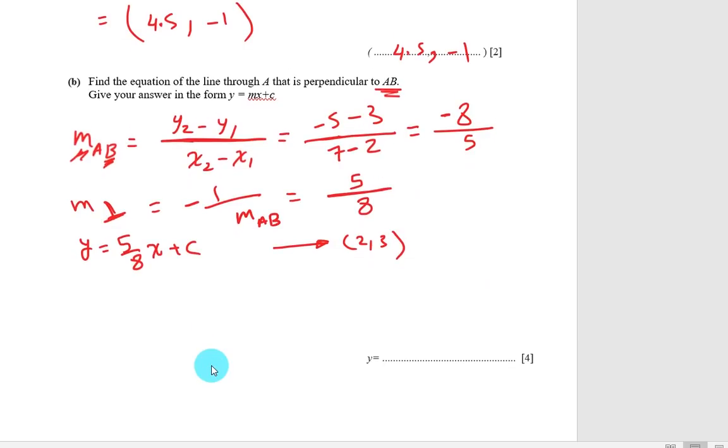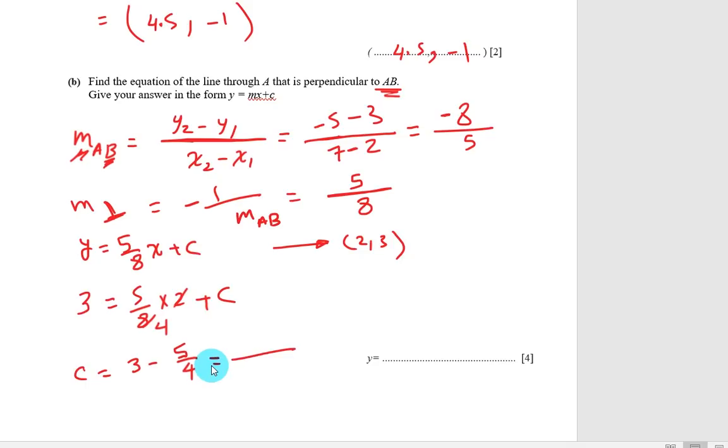So at y equal to 3 and x equal to 2, we can find c. So c will equal 3 minus 5 over 4, which is 12 minus 5 over 4.